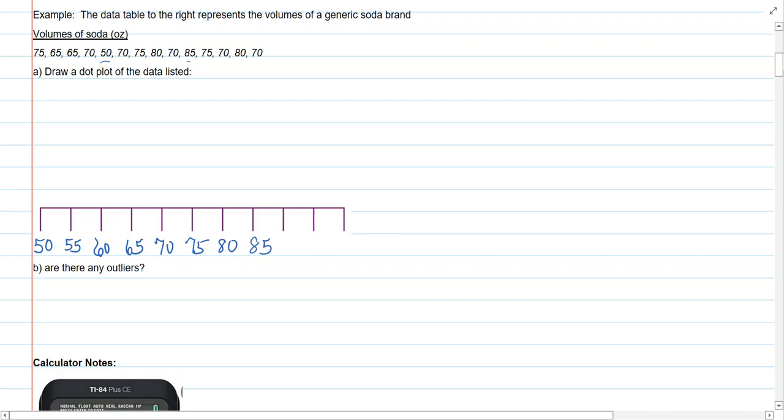That's about as far as I want to go. I don't see a 90 in there. The beauty of this dot plot is you don't have to sort the data, because you're plotting one at a time.